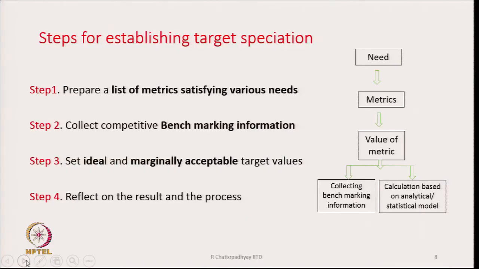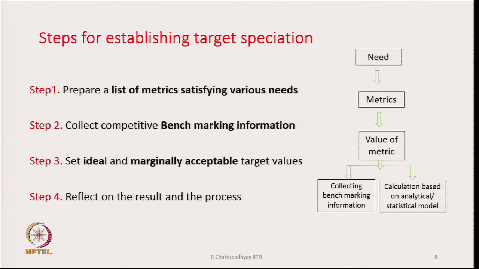So, we can say the steps are need to metric, metric to value of the metric, collection of benchmark information, and when we try to find out the value of the metric, the calculation may be based on an analytical and statistical model. So, from need to metric, then what are the values of this metric?